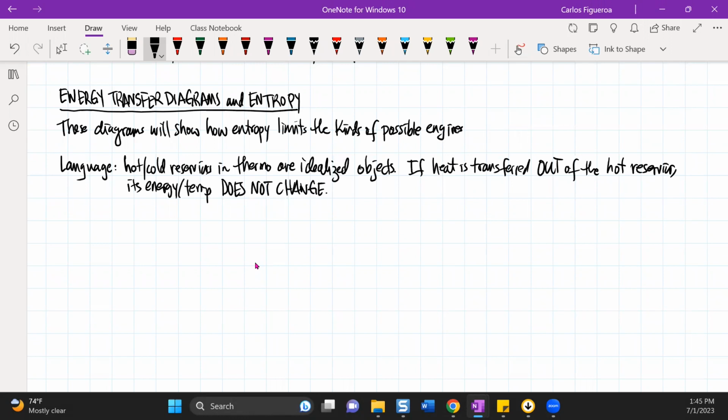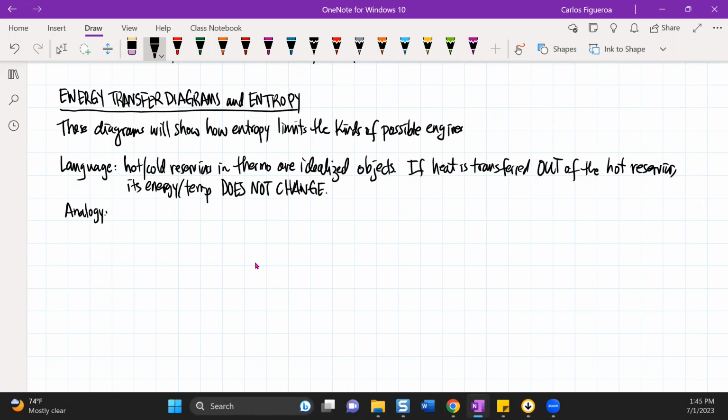Now we could make a reservoir, a very, very good one, just by the following analogy here. They can't change energy, internal energy, and they can't change the temperature.